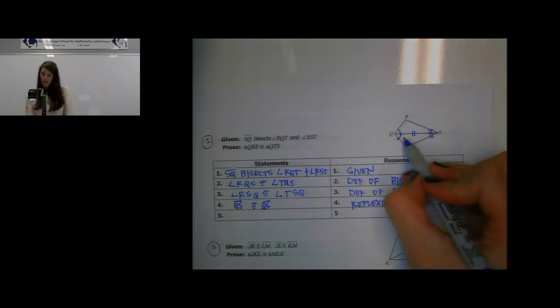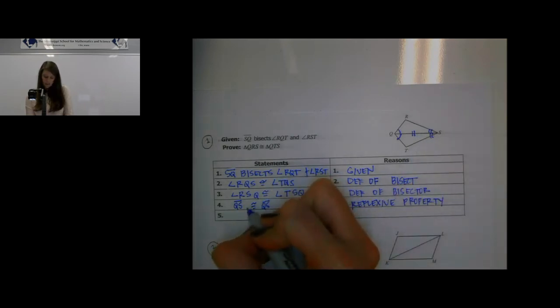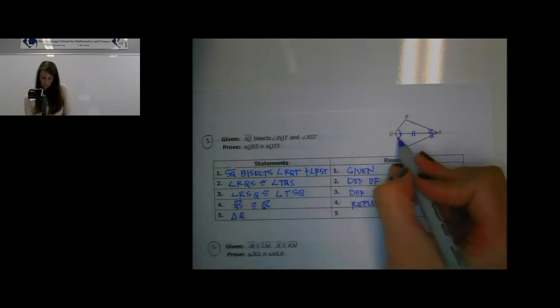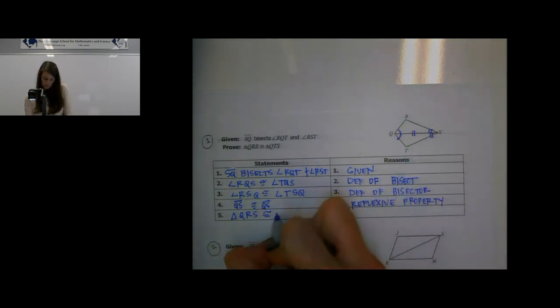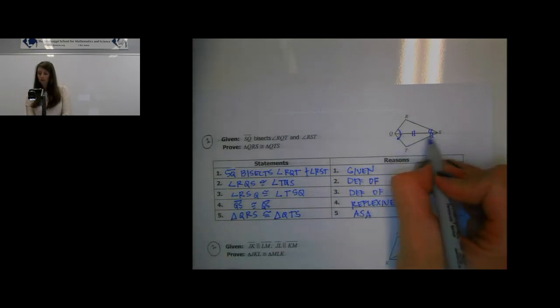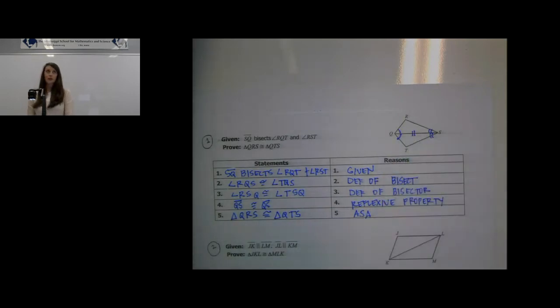Okay, I have an angle, side, and an angle. So that means that triangle QRS is going to be congruent to triangle QTS by angle, side, angle, because I have an angle, and I have an included side in between there.